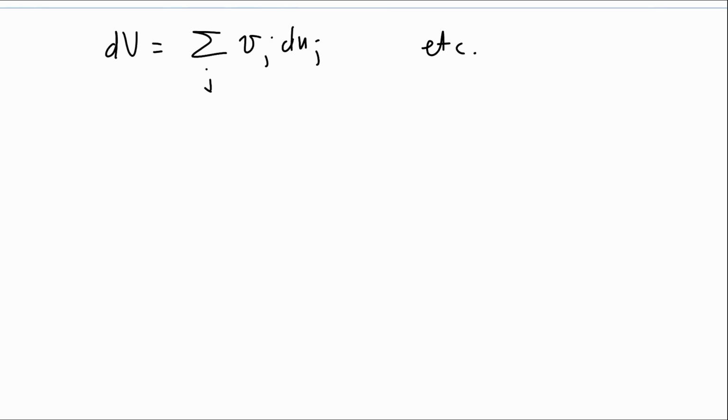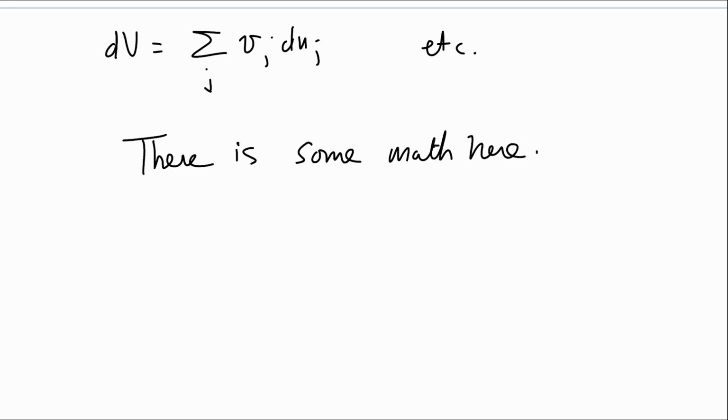Now, there is some math here which I'm not going to talk about. I'm sorry, I apologize for that. Take the graduate course if you want to talk about the mathematical inexorability of what I'm about to write.